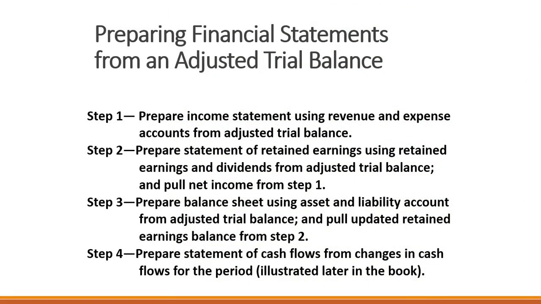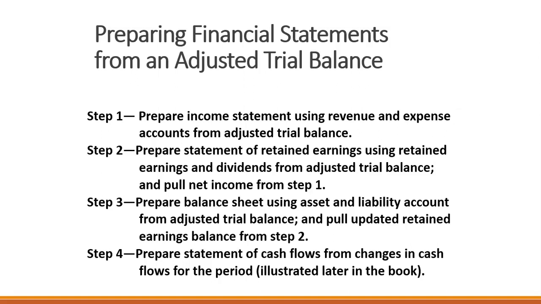After we've prepared the adjusted trial balance, then we can prepare the financial statements. So the first financial statement you always prepare is the income statement. Revenues minus expenses. Once we have the net income, then we can prepare the statement of retained earnings to know that we're going to adjust retained earnings for our balance sheet.